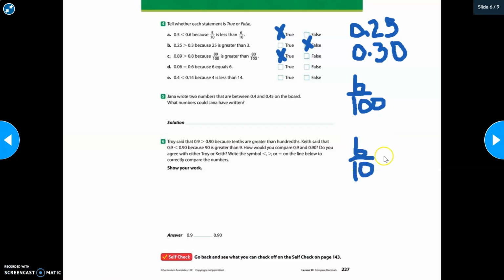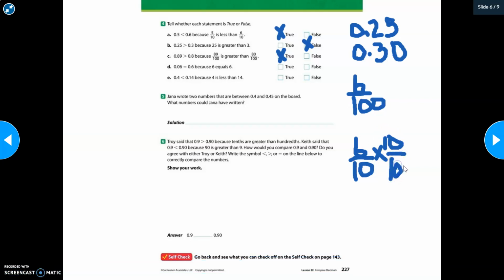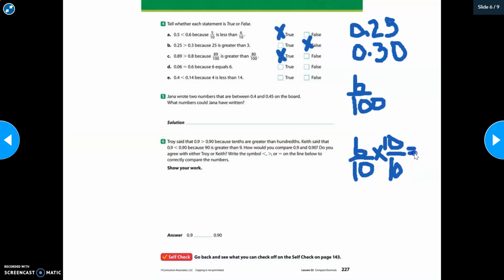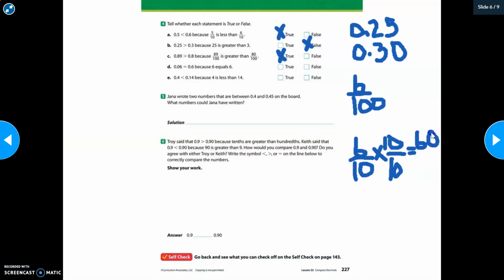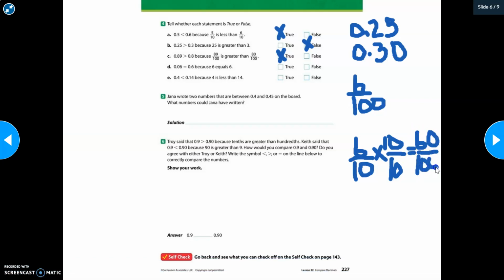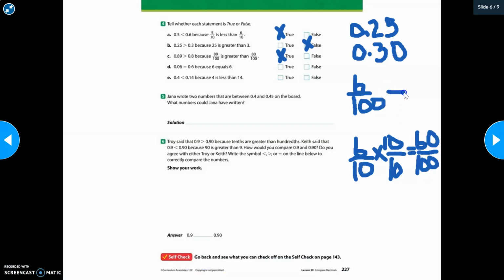Remember, when we make it equivalent, you just want to multiply by a whole fraction, which is 10/10. So whenever you're converting your denominators from 10 to 100, you're going to always multiply by 10/10. 6 times 10 is 60. And of course, 10 times 10 is 100. So now both our denominators are the same. So let's go ahead and compare it real quick.